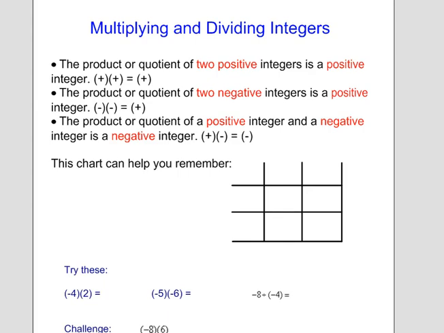So multiplying and dividing, most people find quite easy because they can memorize the rule. But again, be careful with that. Sometimes memorizing a rule in isolation can get you confused. For example, when you multiply two negative numbers, you get a positive number.